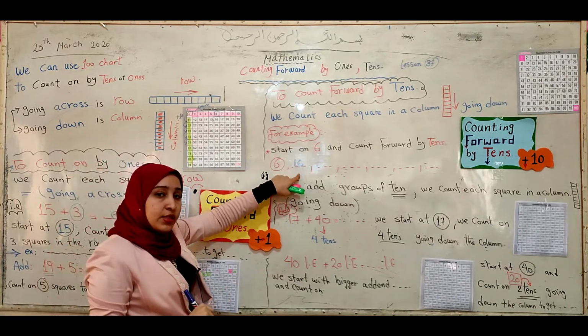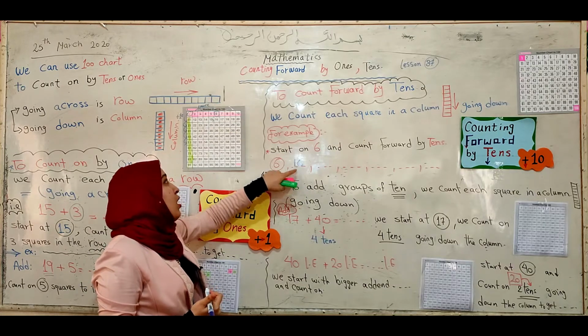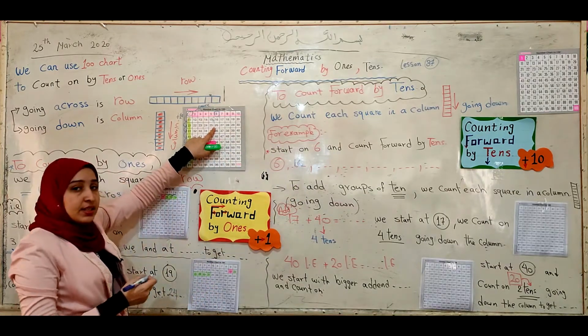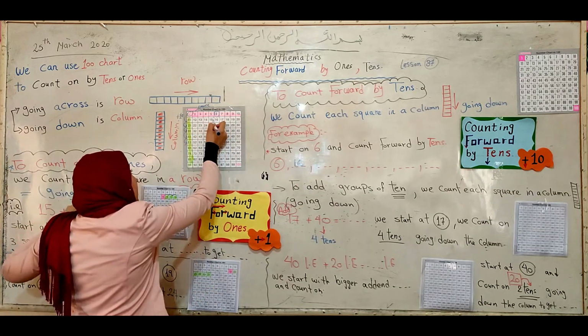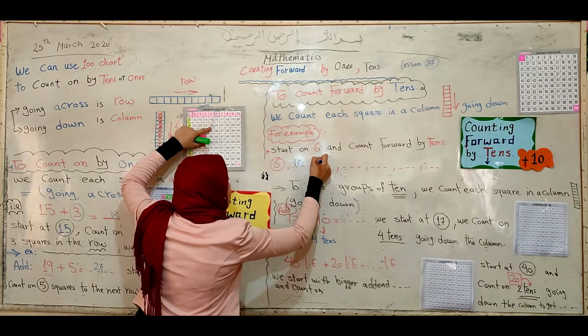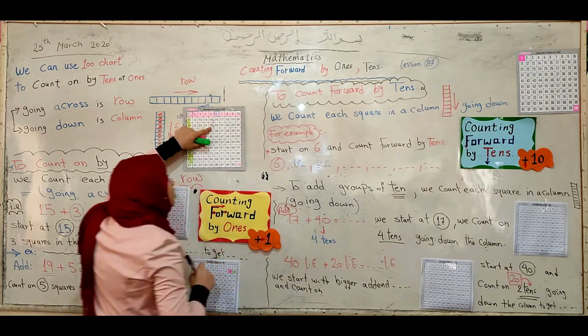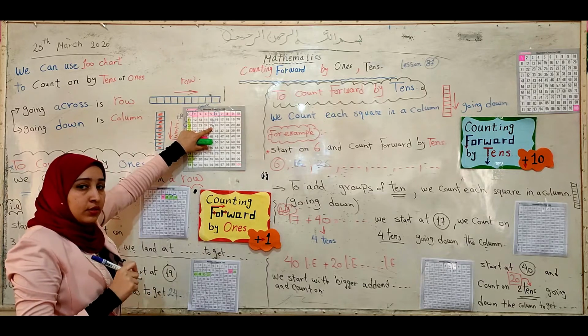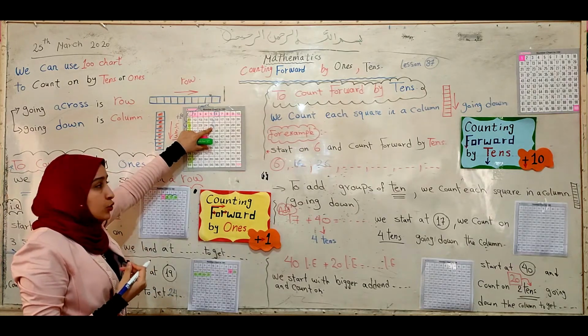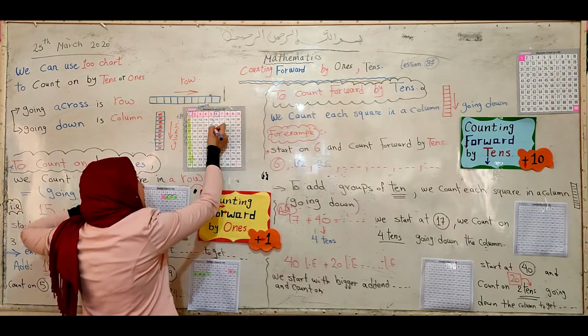If I add 10 to 16, I get what? I get 26. Each time we are going down. When we are going down, which means I add 10 to 26, I get 36.